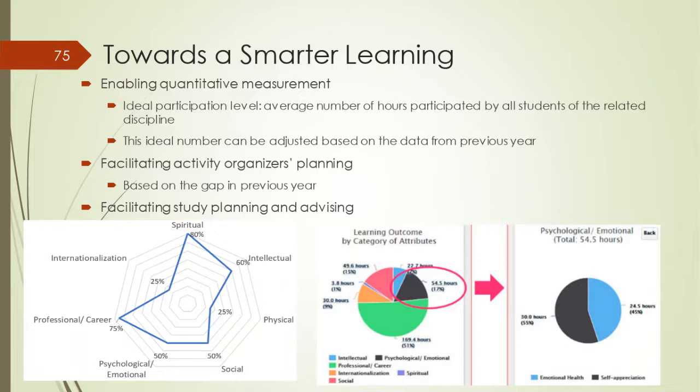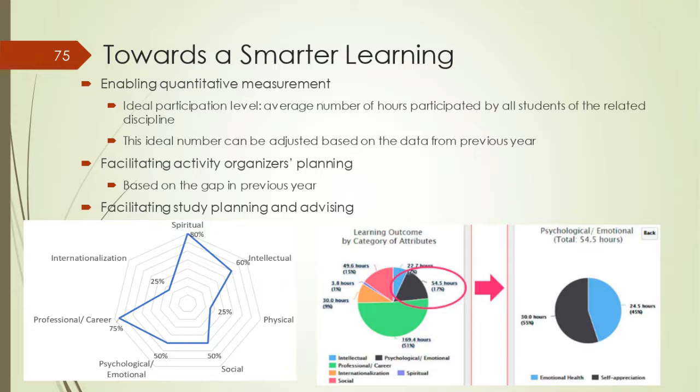And to further provide smarter learning, to facilitate the student in planning or the advisor in giving more effective and timely advising service to the student, we define an ideal participation rate based on the historical data.